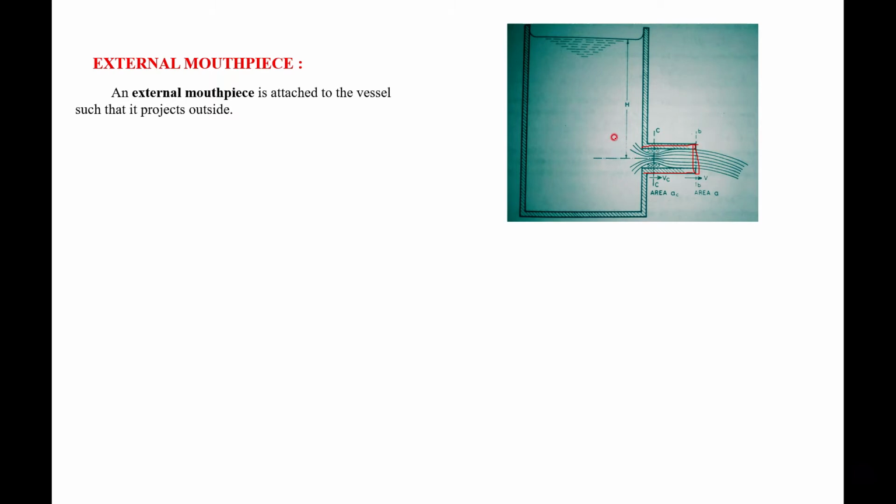The water enters this mouthpiece and discharges like this. The equation for this external mouthpiece is the discharge equation Q equals A into V, where V is the theoretical velocity and A is the area of the mouthpiece. A into V gives you the theoretical discharge. If you multiply it by Cd, the coefficient of discharge, then we get the actual discharge.